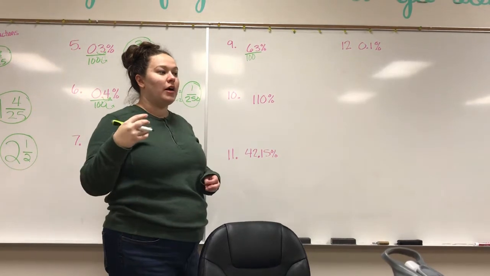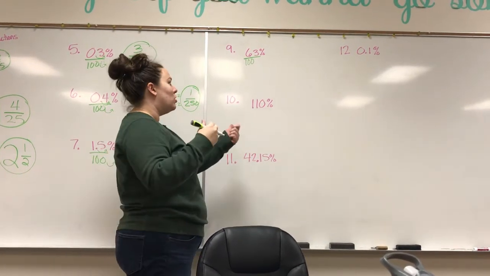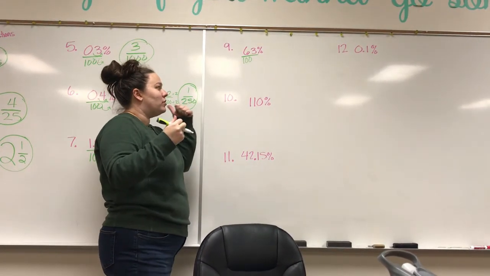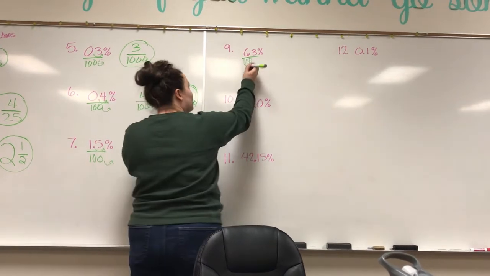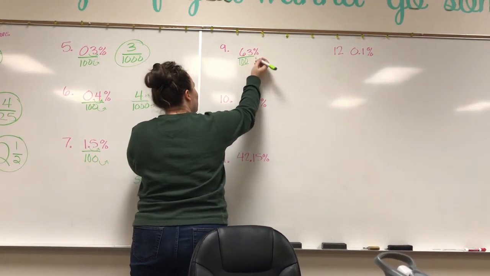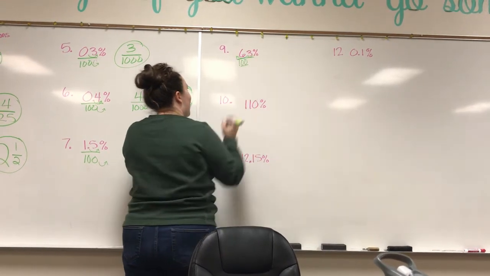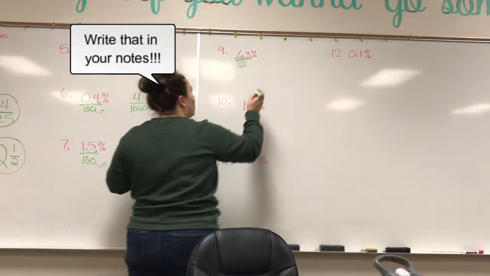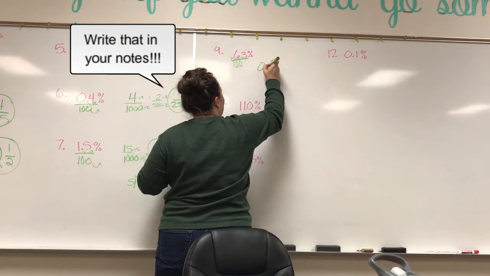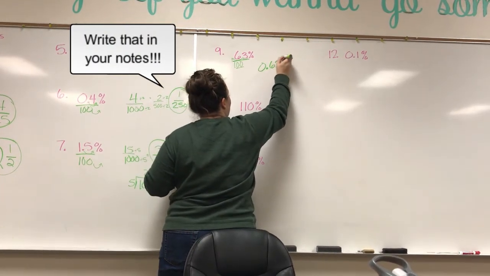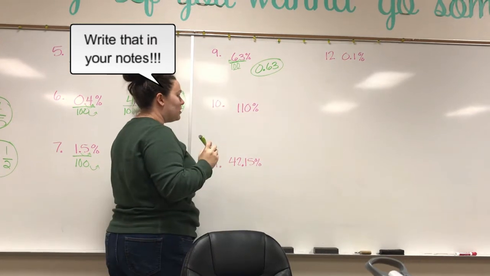When you divide by 100, you move the decimal to the left 2 places. There are 2 zeros here, bam, bam. That means you move the decimal, bam, bam, that way. Okay, so it would be 0.63. That would be your final answer.